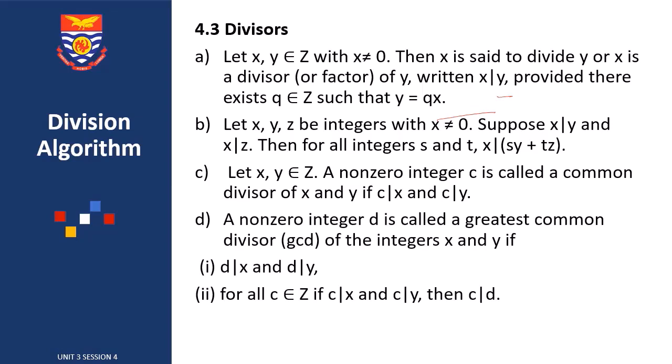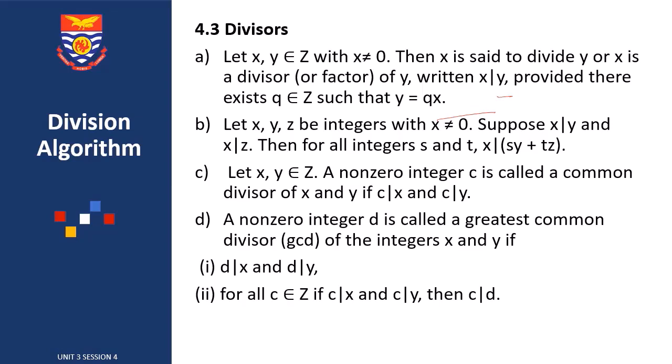And a non-zero integer d is called a greatest common divisor, GCD, of the integers x and y if, firstly, d divides x and d divides y, so it is a common divisor.